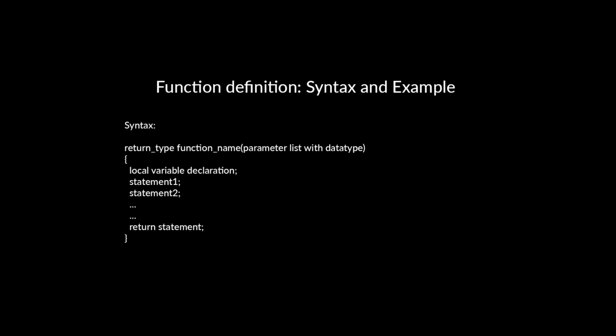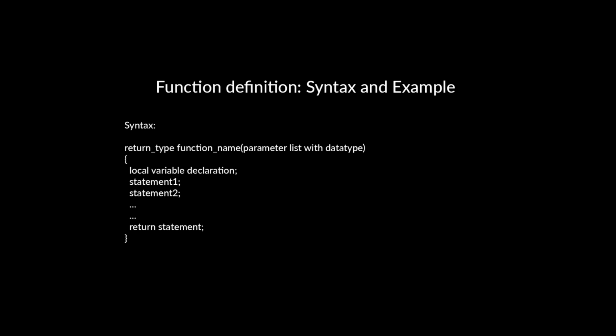And finally we will have the return statement, because the function will return a value, right? That's why we will have the return statement, so that we can return the task or the value or the work that it is performing to our other functions, or maybe the calling function.